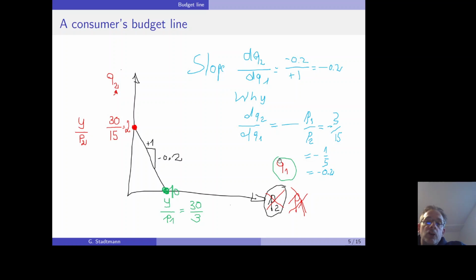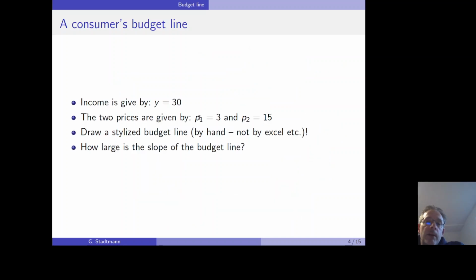So we put Q1 on the horizontal axis and Q2 on the vertical axis. Why are we not putting P2 and P1 on the two axes? Because these variables are known, they are given in the assignment, so it doesn't make sense to put these variables on the two axes because there is no variation in the prices.